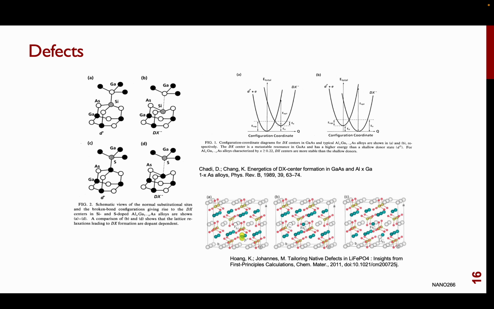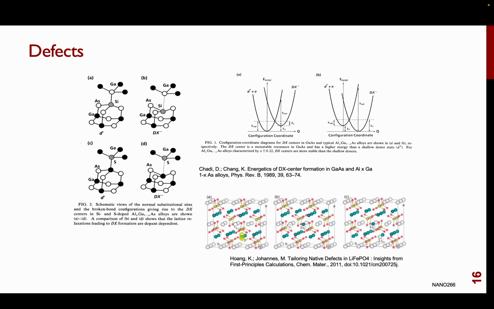There is actually very little motion across different channels, because the barrier for lithium motion across channels is very high. Now, what this means is that this kind of 1D channel for lithium diffusion is very prone to defects.